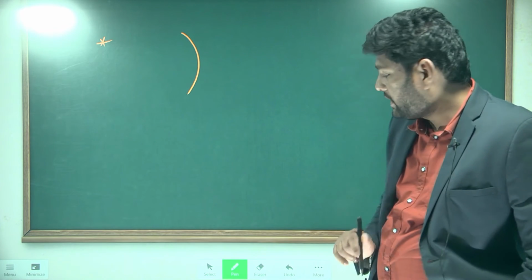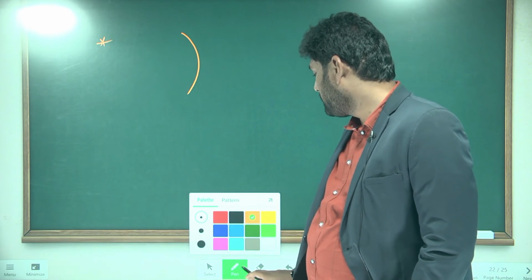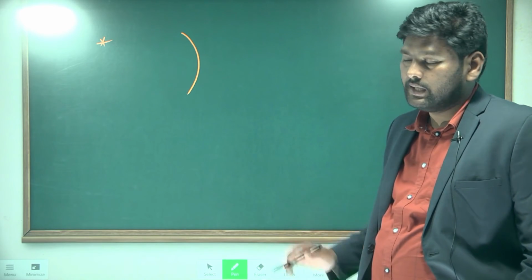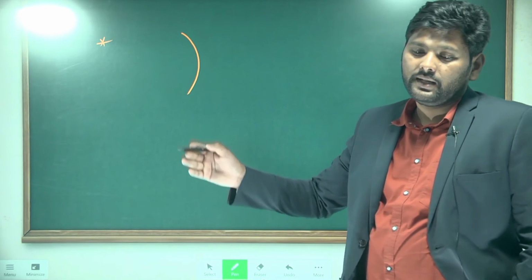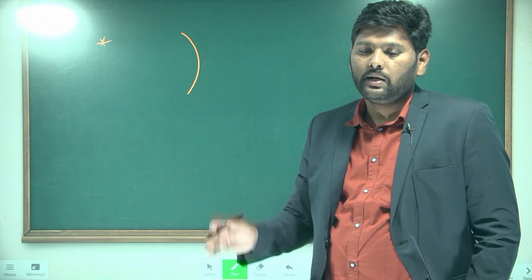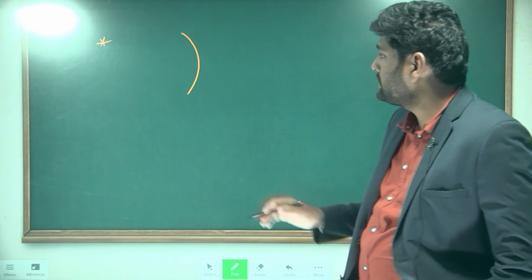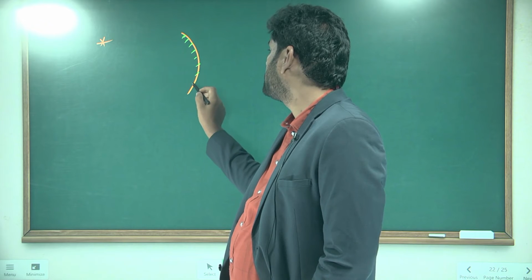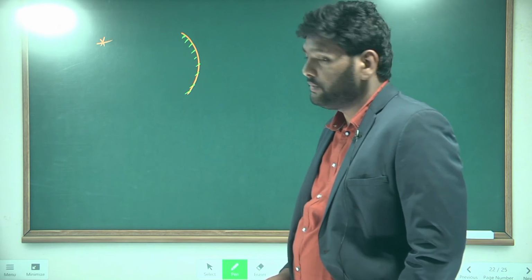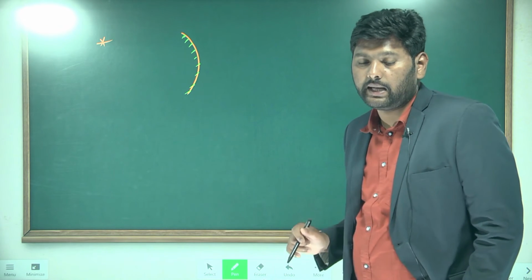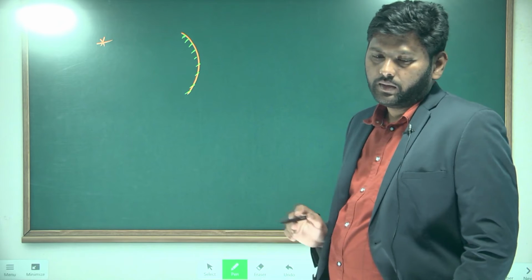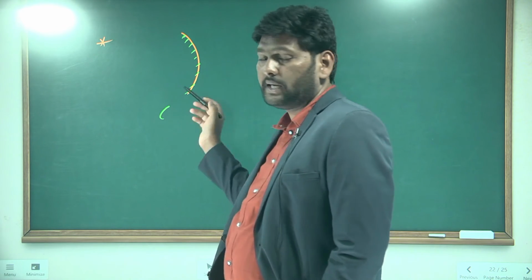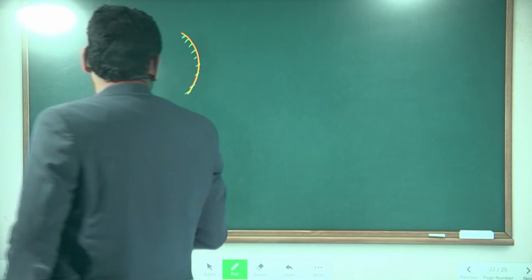You cannot guess what kind of mirror it is, because I did not mention which side it is coated. For example, this side is coated. Now tell me what is the type of mirror it is. Is it convex or concave? It's a convex.